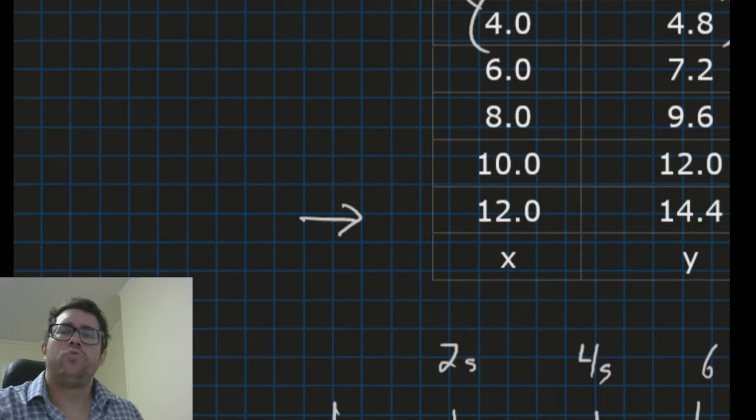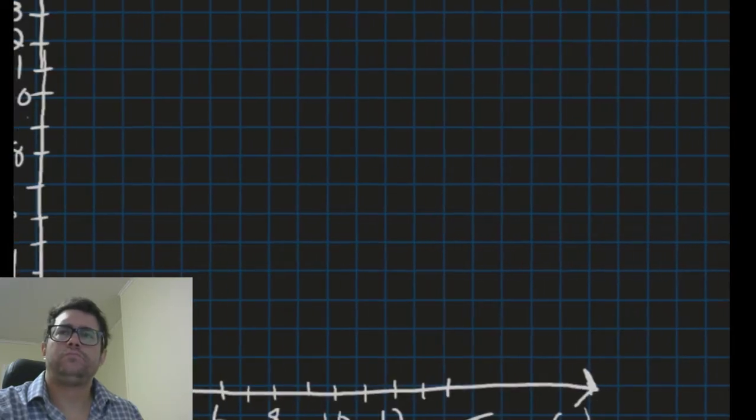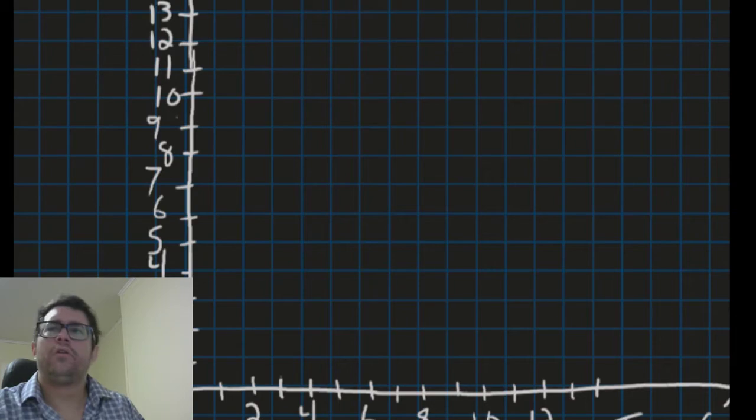Okay, 2 and 2.4. Go on your graph, 2 here. Kind of follow that line until you reach 2.4 on this side. So 2.4 is before 2.5. It's a little bit before that. Could be here, kind of, sorry, and follow that idea. Here and here, hit this.